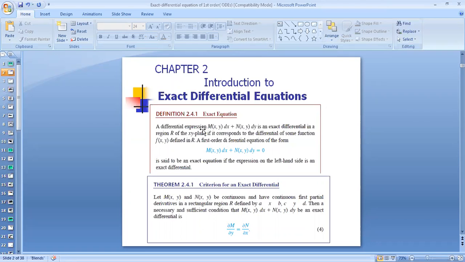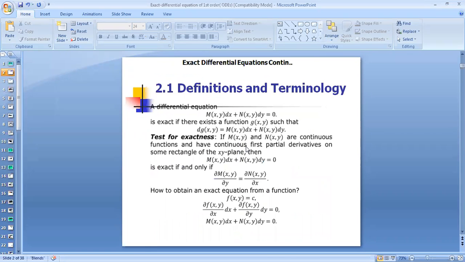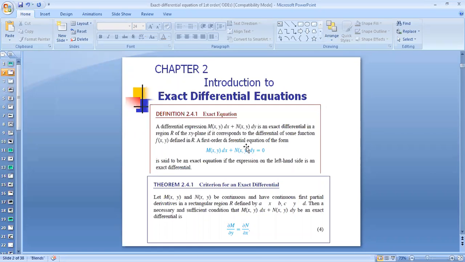It is exact if the expression on the left hand side is the exact differential of some function f of x, y defined in R. So the main criterion for this is a condition.